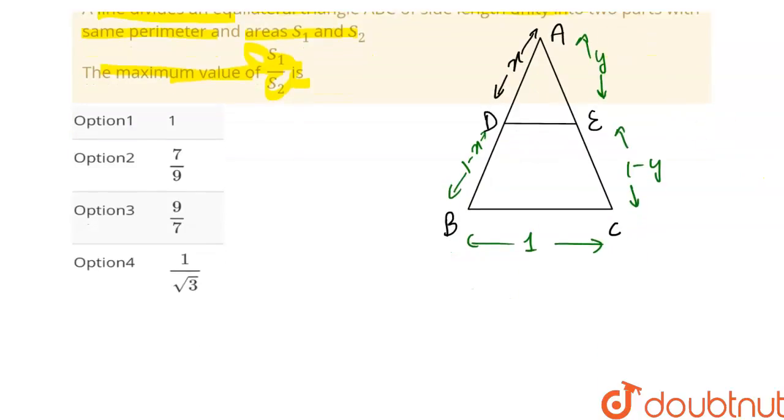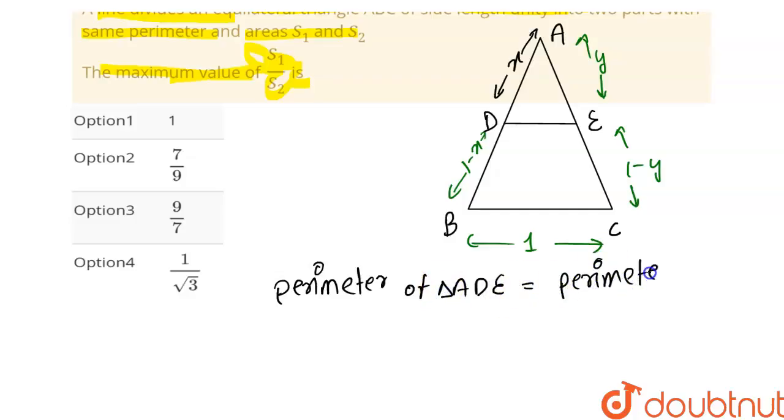So firstly let's equate the perimeter. It is given that the perimeter of triangle ADE is equal to the perimeter of BDEC, right?